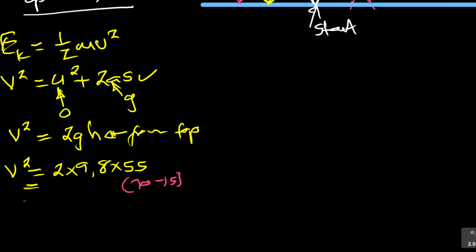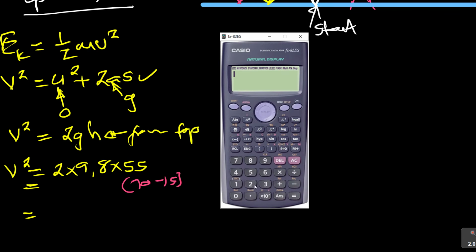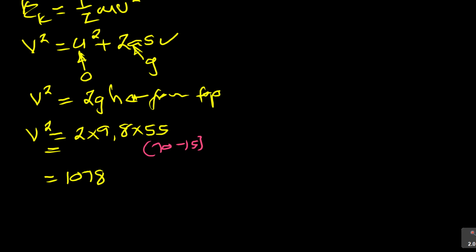So what then becomes our v squared? Remember, I'm still calculating v squared, which is 2 times 9.8 times 55, and then I've got 1078. Guys, don't be tempted to say this is the answer. No, this is v squared. Now to get v, you square root both sides.